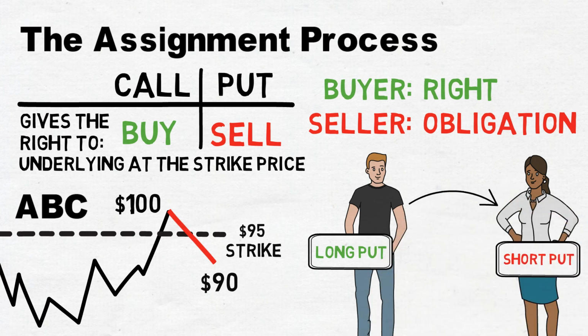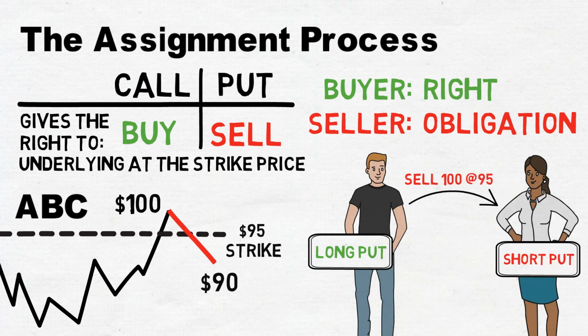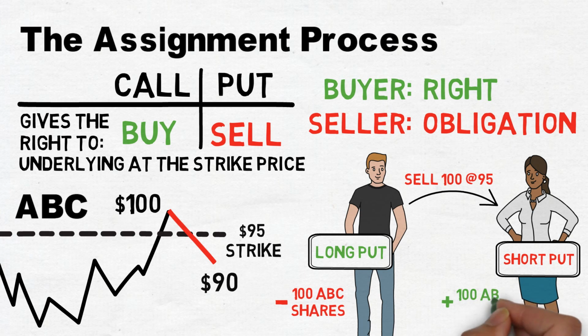This means that he uses his right to sell 100 shares of ABC for $95 per share. Now Kate is assigned these 100 shares of ABC, which means she is obligated to buy them for $95 per share. Peter now has 100 fewer shares of ABC in his portfolio, whereas Kate has 100 more.